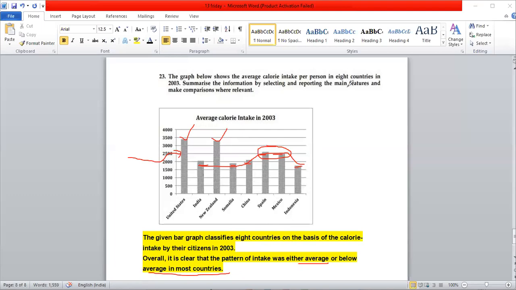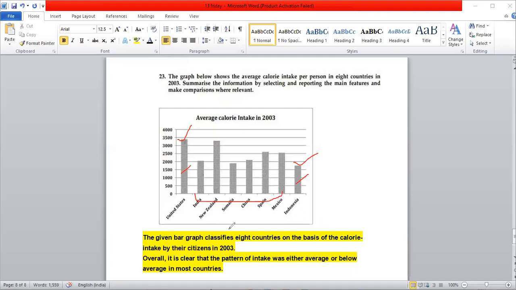Instead, most students go with the highest is this and the lowest is this. That is not an overview, that is specific data. If I say this is the highest and this is the lowest, I cannot call that the overview because you have missed these things. I have not missed them.